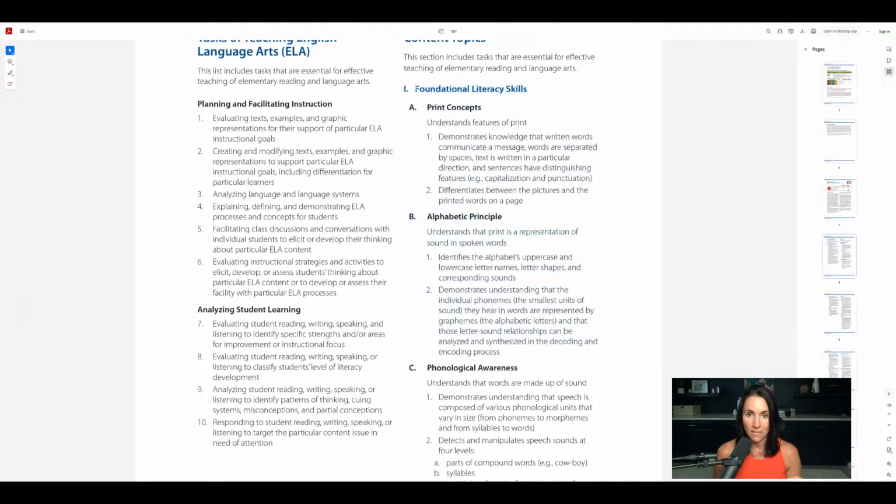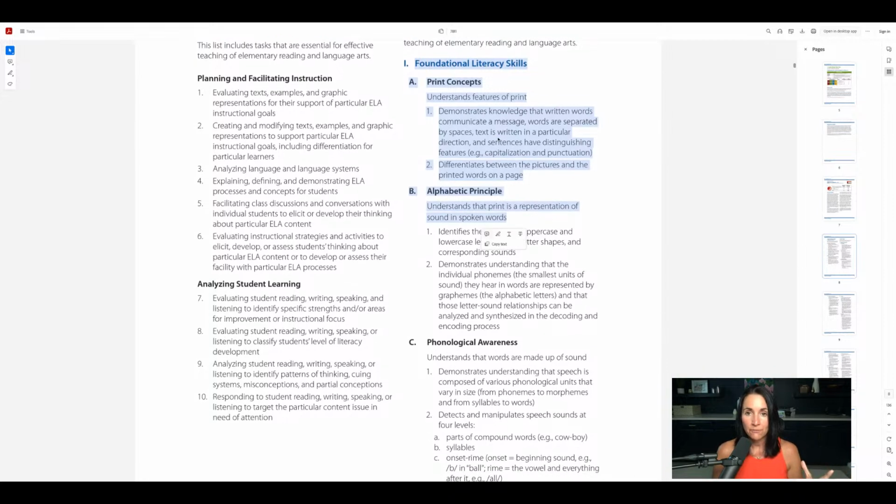Now, I have this in my study guide, so you don't have to look at too many documents at once. But if you were to look at foundational literacy skills, and then you went to print concepts, alphabetic principles, all of this, this is the 7811. It's actually the 7812 because it's the language arts and reading.